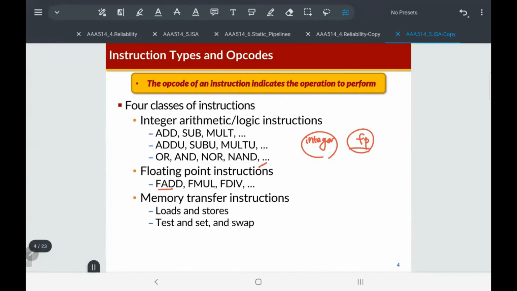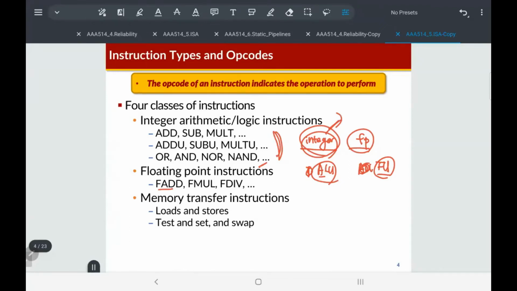Integer type instructions require an integer type processing engine, like an integer ALU. For floating point instructions, we require a floating point ALU, which is called a floating point unit. So different types of processing engines are required. Usually, integer type instructions can be the base instructions of an ISA.